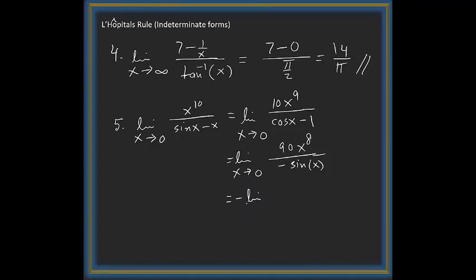So this one I will write like this: limit x goes to 0. I can take 1 x from here, so it will give me x over sine x, and the remaining is 90x to the 7. So we know that when x approaches 0, this quantity goes to 1. So negative 1 times, and this one is going to 0. So my limit is 0. All right, so we are done with this.